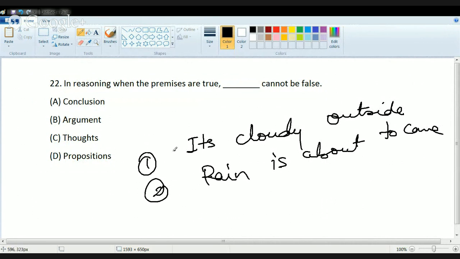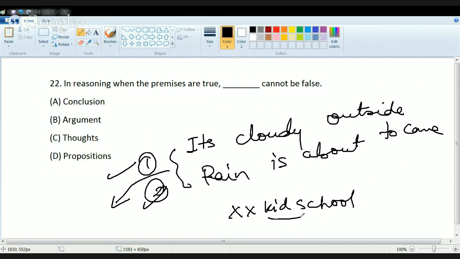Based on these two statements, if both are true, I can make a conclusion that since it's cloudy outside and rain is about to pour, the best thing is not to send the kid to school. So that means if both the premises are true, the conclusion must be true and it cannot be false. So in reasoning, when both the premises are true, the conclusion cannot be false.